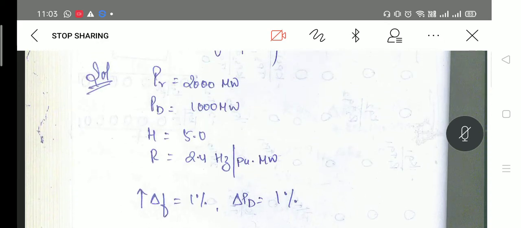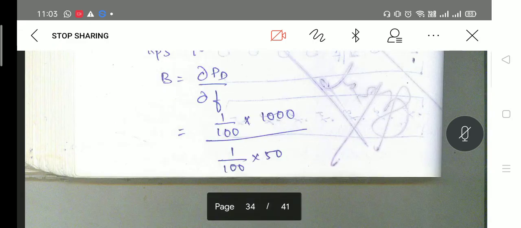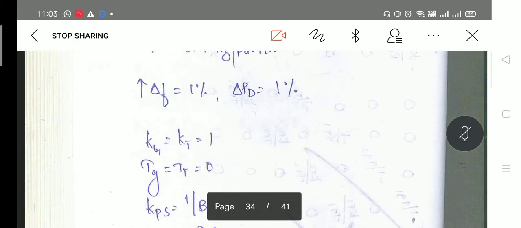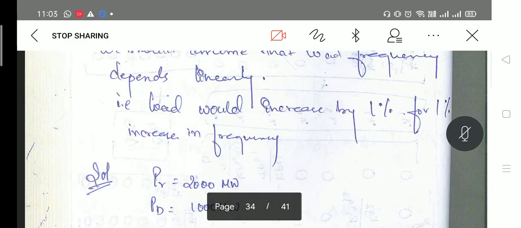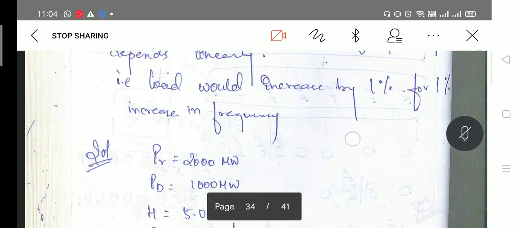PD value is given as 1000, so we take 1000. And dou f is given 1% into f, which is 50 hertz. Linearly we have to assume. Here it is given, we can assume the frequency linearly, so I am taking f is equal to 50 hertz.